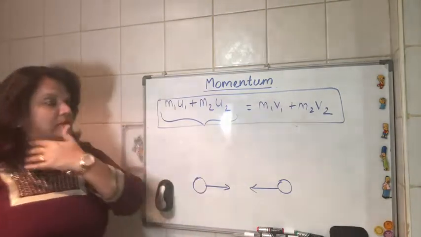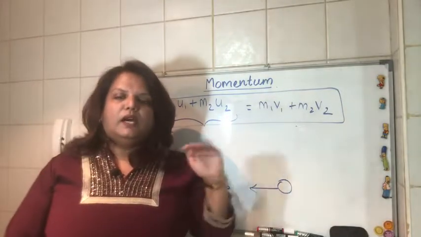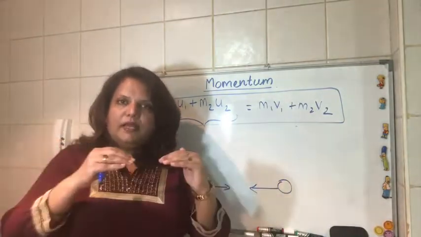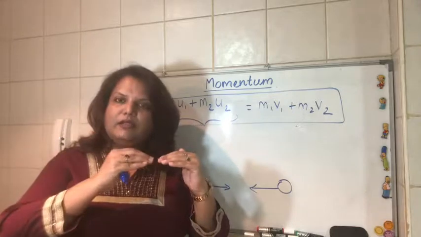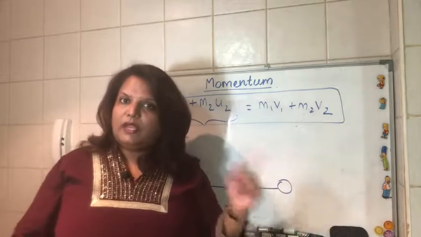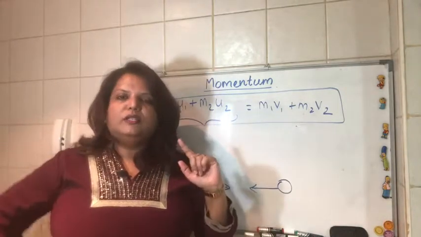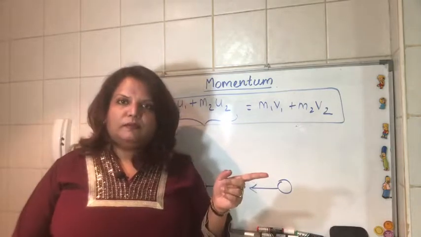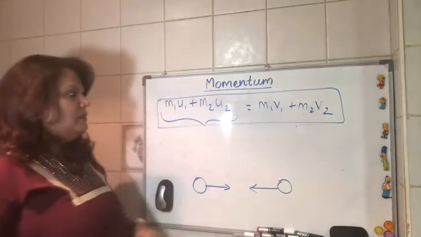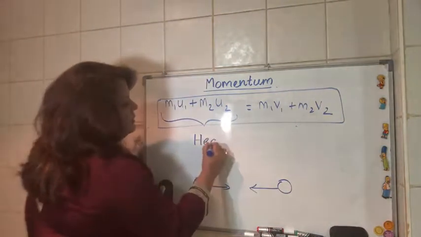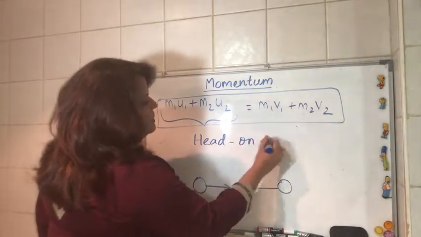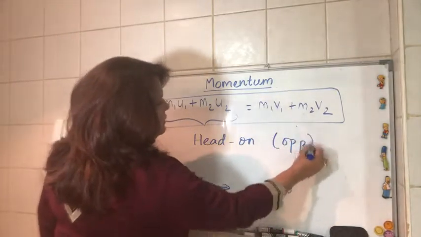Now, sometimes they may both be moving in the same direction, come and hit each other and recoil. Recoil means it's moving in the opposite direction to its initial motion. So keep in mind that the term head-on collision means opposite to each other.